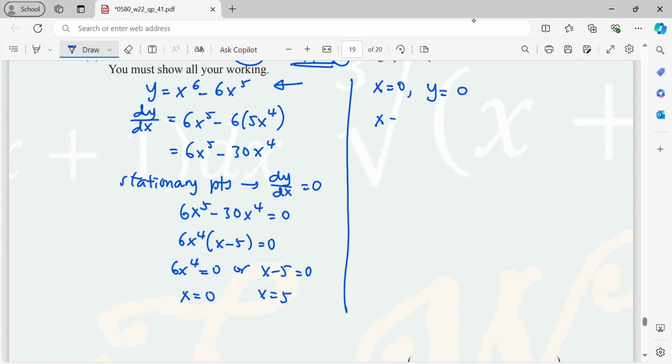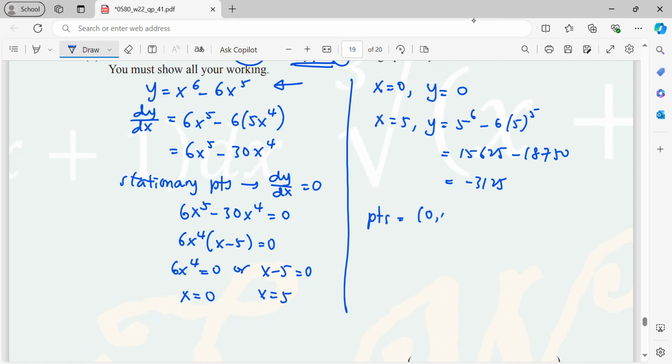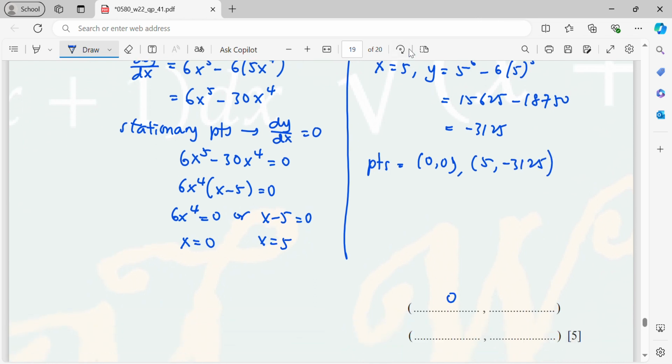When your x is 5, then your y is 5^6 minus 6 times 5^5, which is 15625 minus 18750. Then you will get negative 3125. That means the points with coordinates (0, 0) and (5, -3125). So these are the two stationary points.